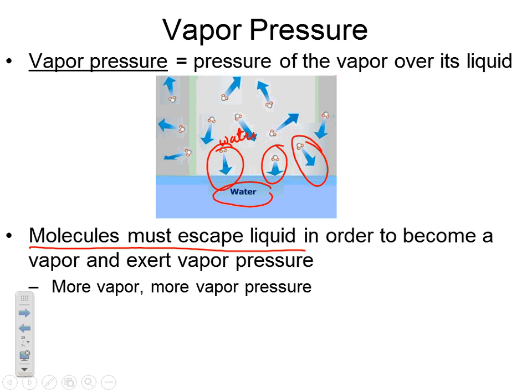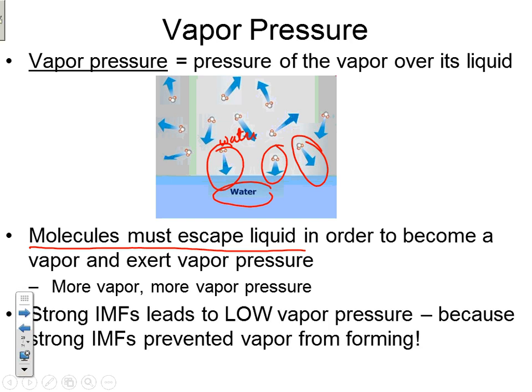Well, in terms of IMFs, how do you get more evaporated liquid molecules? You get more evaporated liquid molecules if you have weak intermolecular forces of attraction. If you have very, very strong intermolecular forces of attraction, you actually have very, very low vapor pressure because it means that you're not getting your liquid evaporating.